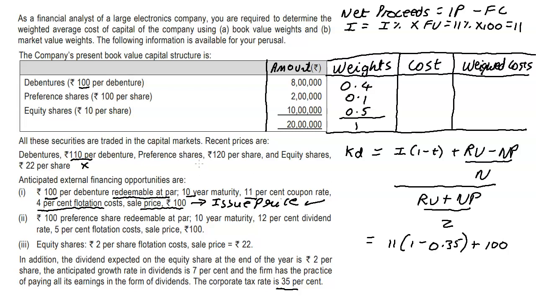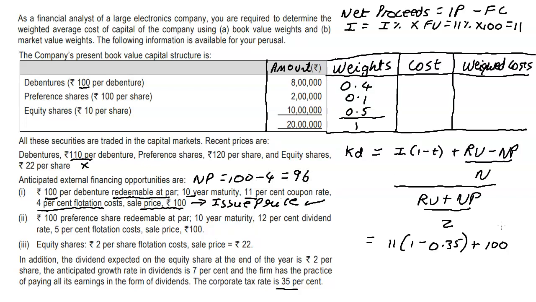We want to know the flotation cost in absolute terms. We multiply 4 into the issue price, which is 100, so we get 4. So net proceeds is going to be 100 minus 4, which gives me 96.